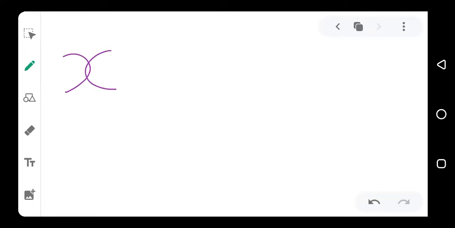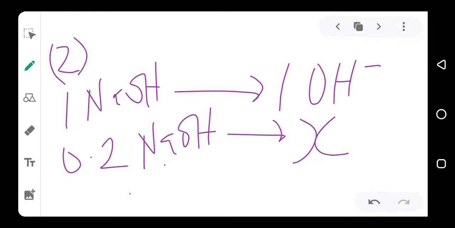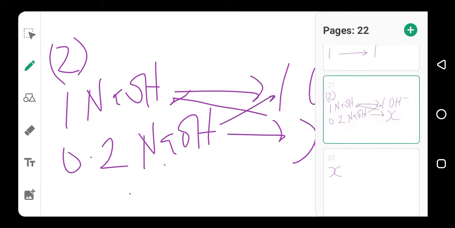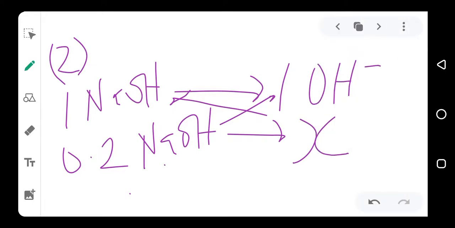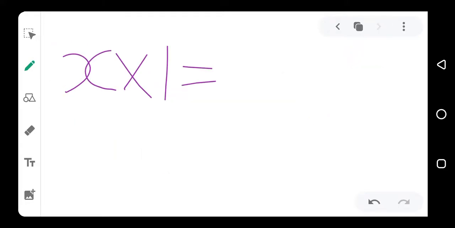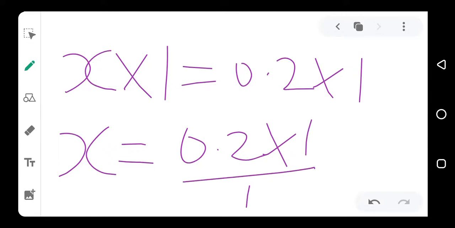If we do cross multiplication, we have X times 1 is equal to 0.2 times 1, and therefore X is equal to 0.2 times 1 over 1.